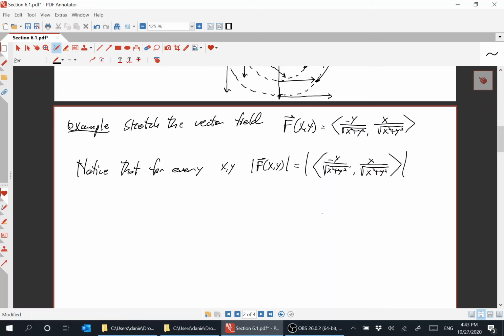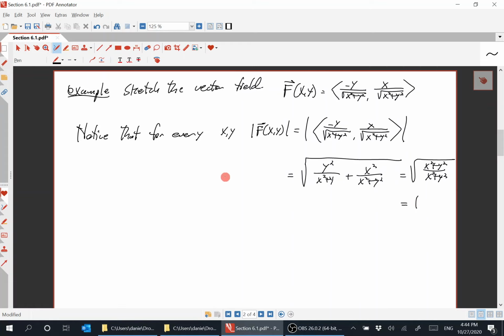You have to square each component, add them together, take the square root. So I have y squared over x squared plus y squared plus x squared over x squared plus y squared. And this is just equal to the square root of x squared plus y squared over x squared plus y squared, which equals 1.